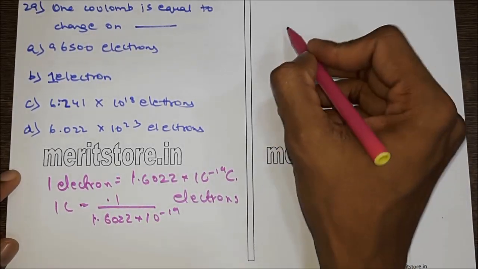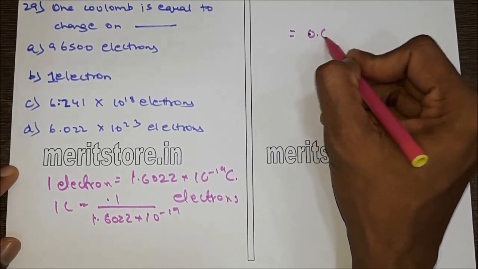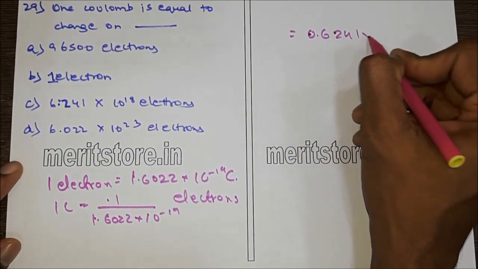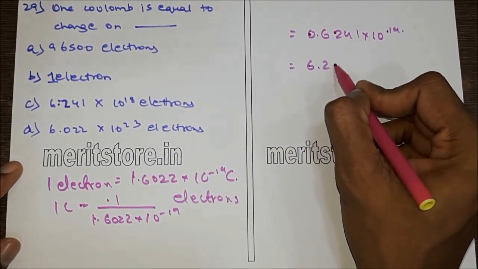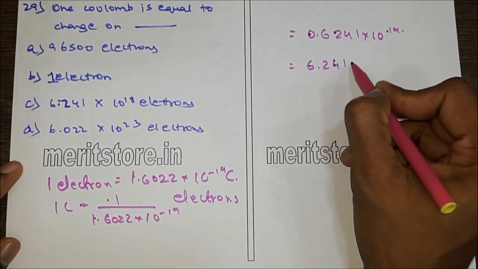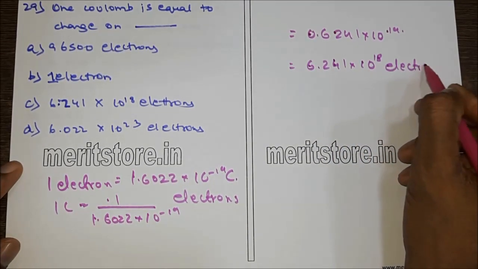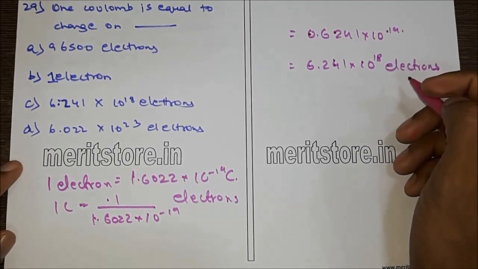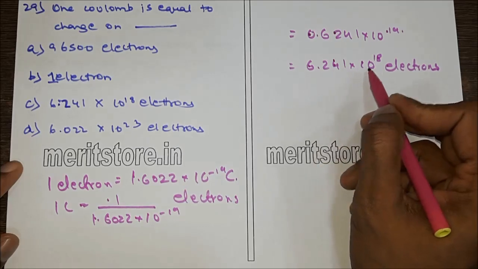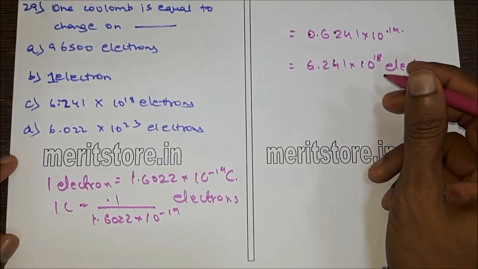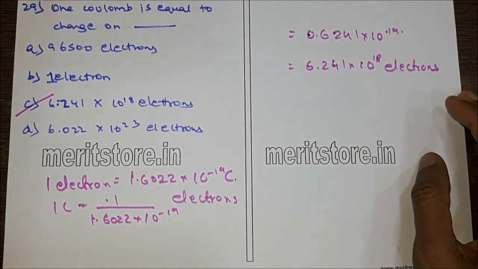We solve it and get 0.6241 into 10 raised to 19, which we can write as 6.241 into 10 raised to 18 electrons. That is, 1 coulomb is equal to the charge on 6.241 into 10 raised to 18 electrons. Therefore, our answer matches option C. Option C is the correct answer.